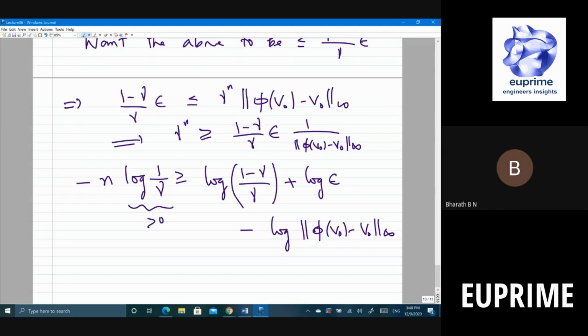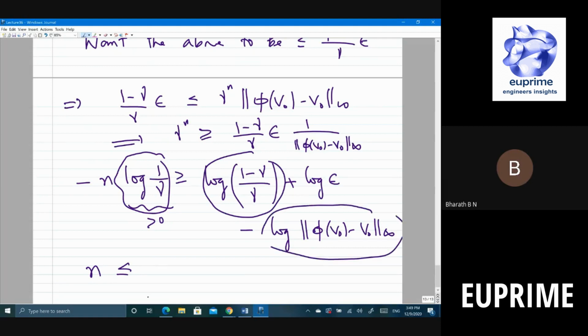So if I multiply by minus on both sides, what do you get? n is greater than or equal to a term with log of 1 by epsilon plus other terms. If you don't worry about the terms involving nu, it only depends on epsilon, because log epsilon becomes log 1 by epsilon. The only parameter I'm interested in is epsilon. I'm going to make epsilon smaller and smaller and see how n changes only with respect to epsilon.